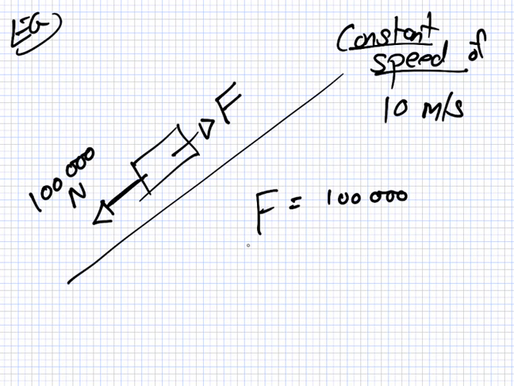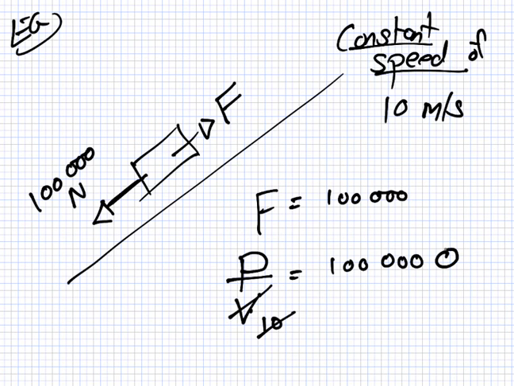What is it? It's P over V, isn't it? Isn't that what I gave you? Now, we know the V. What's the V? 10. So if I bring the 10 up here, it makes another 0. So the power equals 10 to the 6 watts.